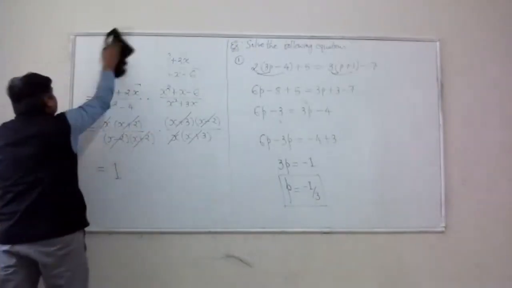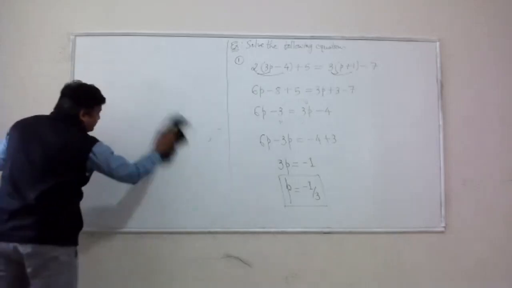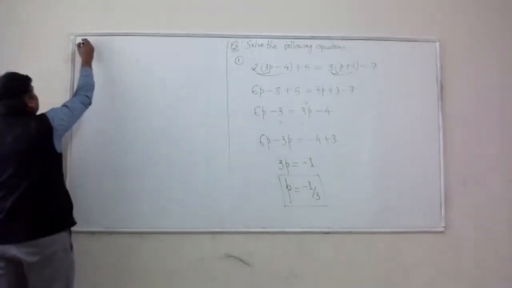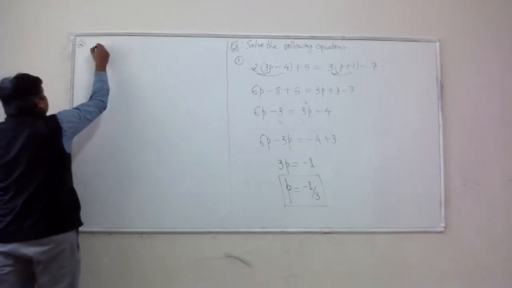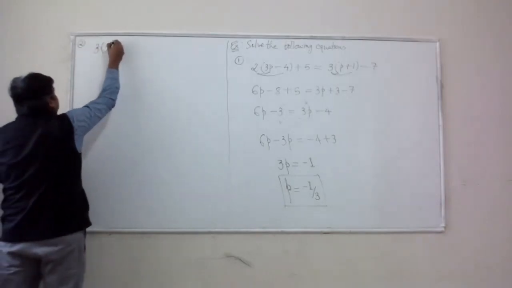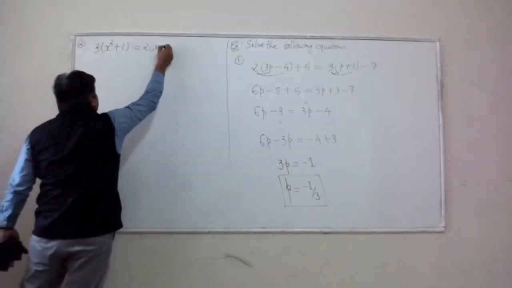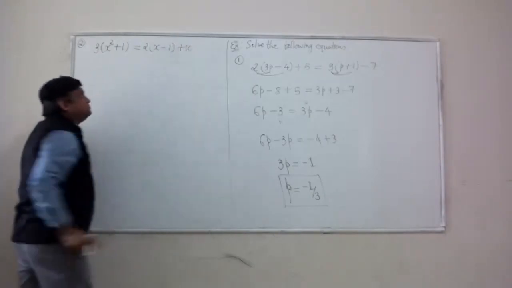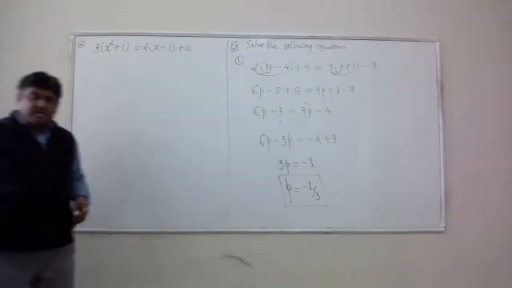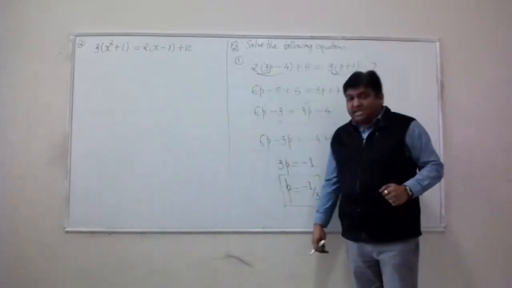So let's say we have this equation that we would like to solve for the variable x. 3 times x squared plus 1 equal to 2 times x minus 1 plus 10. All right. We would like to solve this equation for variable x.